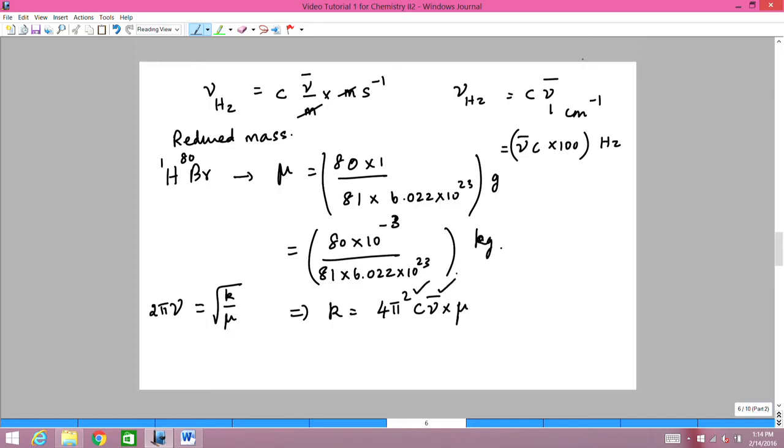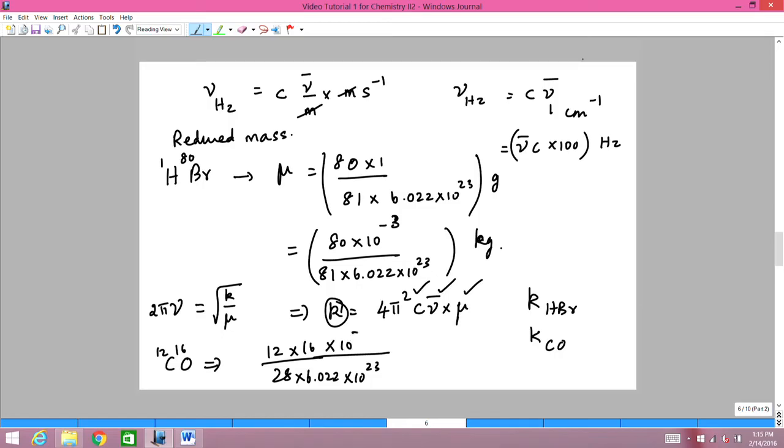C is known, nu bar is known in meter inverse, mu is known, therefore you calculate k. K you calculate for HBr, K you calculate for CO using the reduced mass for CO, this expression, namely 12 carbon 16, 12 into 16 divided by 28 into 6.022 times 10 to the 23 and also multiplied by 10 to the minus 3 to give you the kilograms.